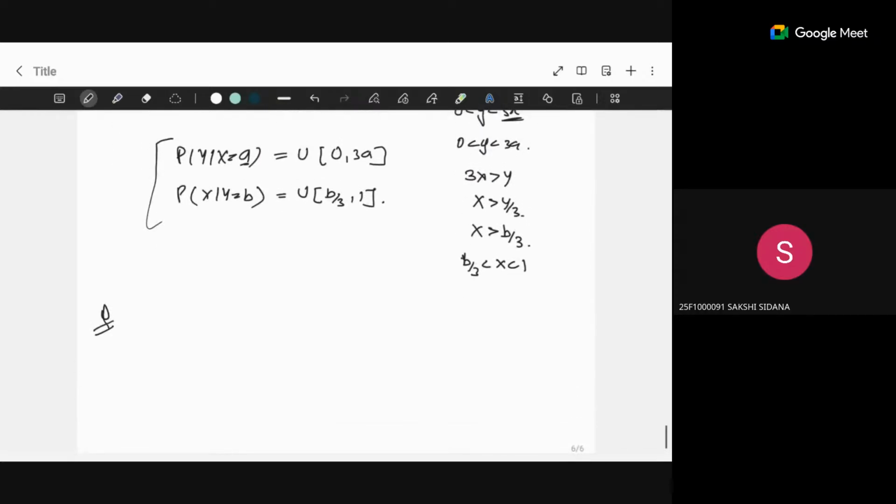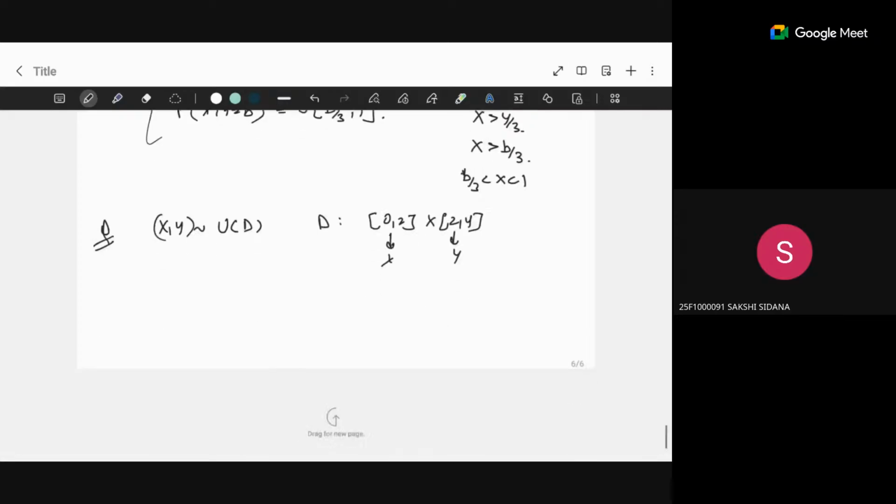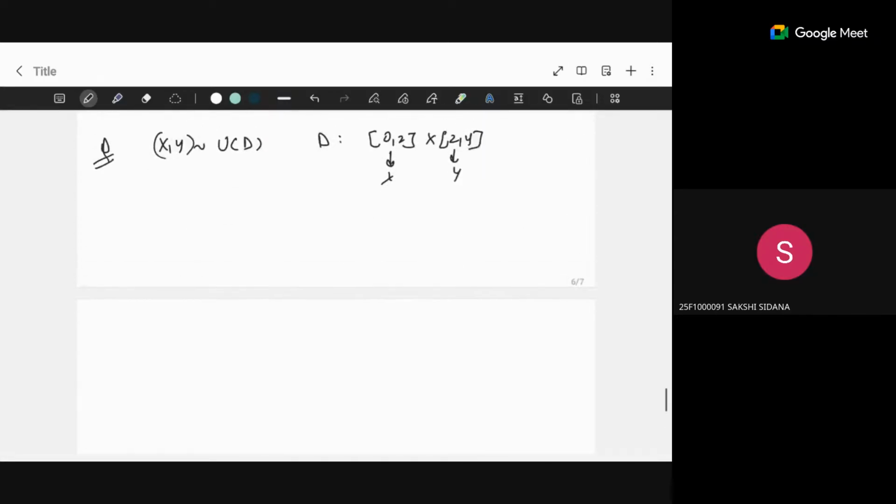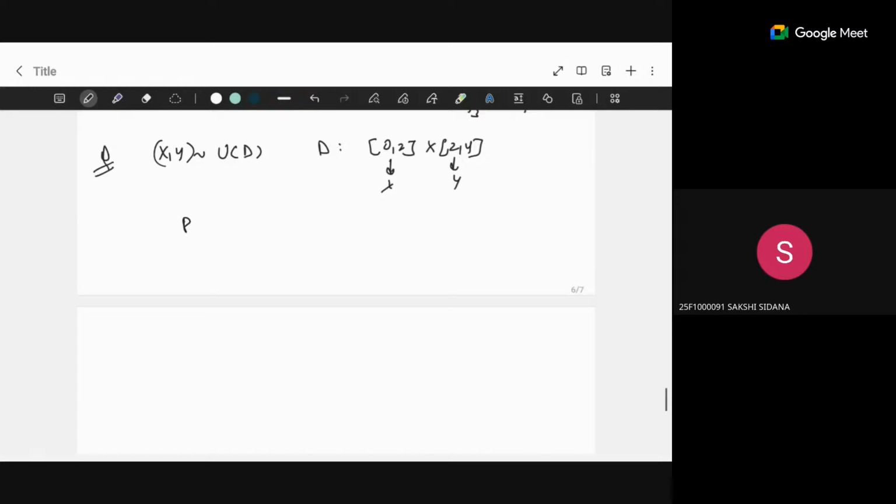So it is given that my x comma y is following a uniform distribution where my range is 0 to 2 into 2 to 4. So this is actually the limits of x and this is actually my limits of y. So I need to find out the probability that y given x equals a, right?